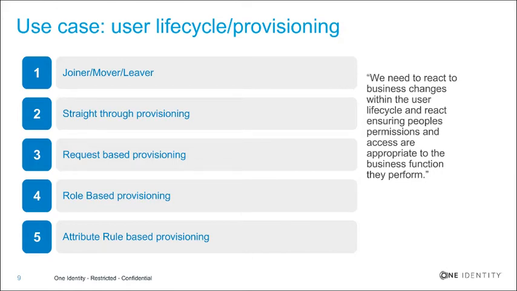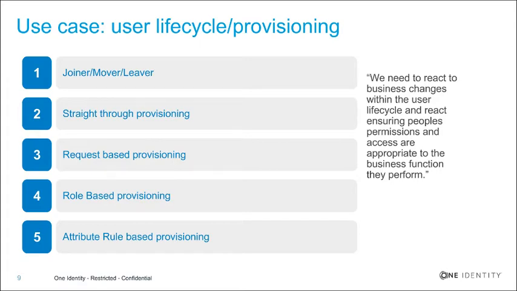Then follows the pure provisioning aspect of it. It breaks down into probably more approaches if you take into consideration a manual process. If you're looking at a more automated way, as you start utilizing some of the identity management products out in the market, you normally face about four different provisioning initiatives, which I've listed here on this slide: straight-through provisioning, request-based provisioning, role-based provisioning, and attribute-based provisioning.